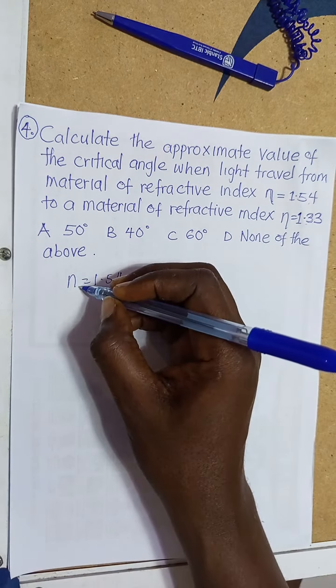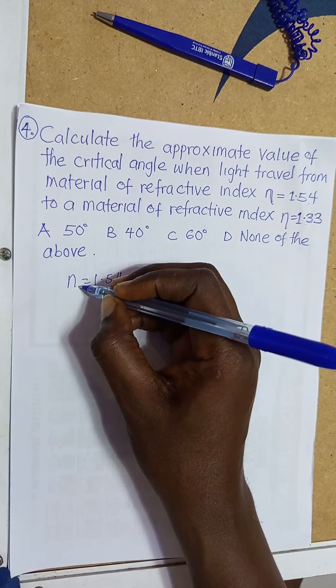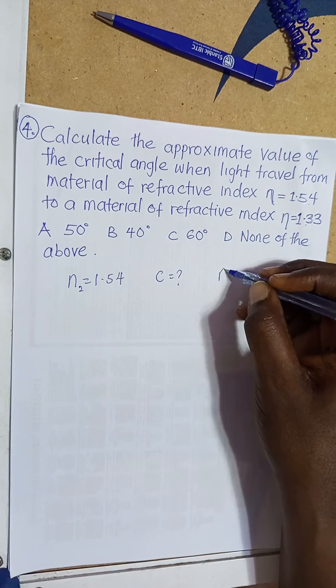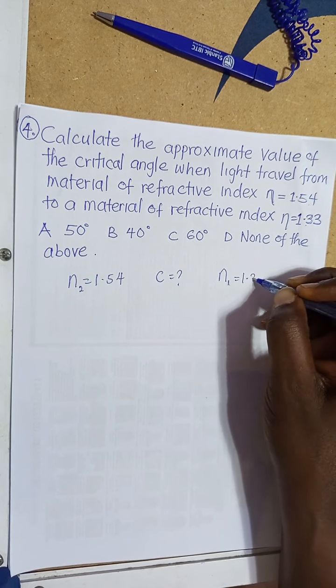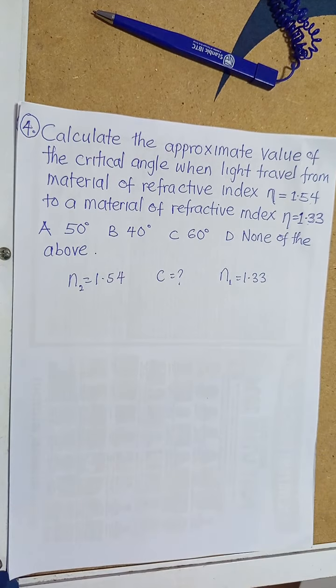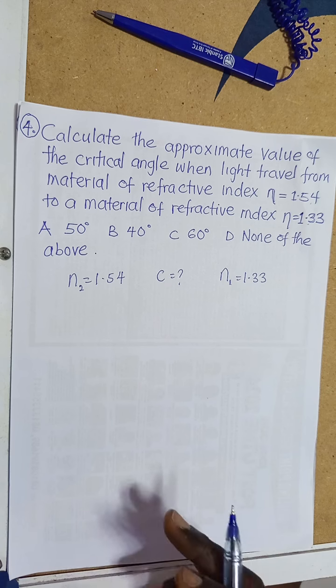So this is the first material, let's say 1, and it now travels to another material, 2, which is 1.33.